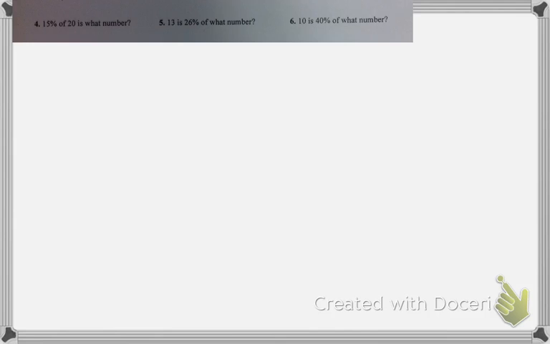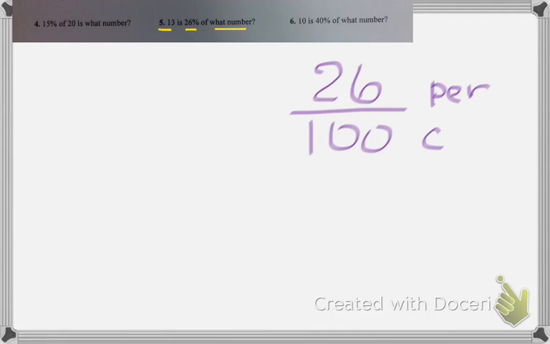All right, now we see here on number 5, it says 13 is 26% of what number? So let's decode that. Again, what's the first thing we're going to start with? That's always percent. Even if we don't know the percent, we're always going to start setting up that side of the proportion first. So we do know the percent here, so it's 26 per 100 because that is per cent. So we've taken care of the percent.